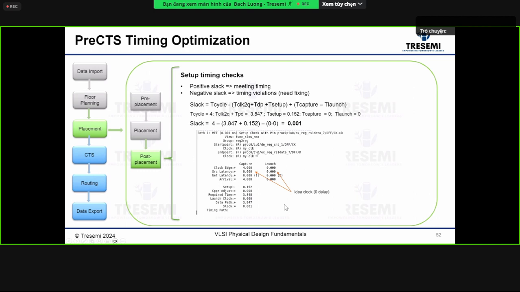Later on, when we look at the timing report, you'll see how Innovus reports these timing numbers: starting point, clock, endpoint. It may not make sense to you right now, but later on when we play with the labs and you see how the numbers are calculated, it'll probably make more sense.